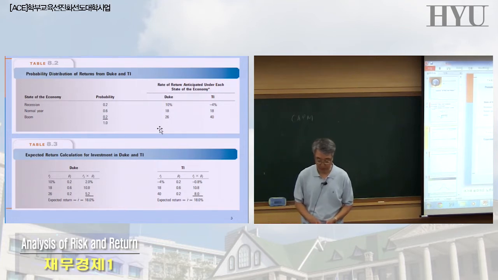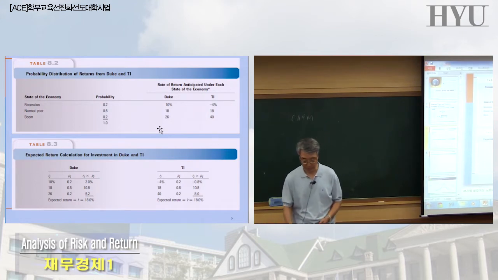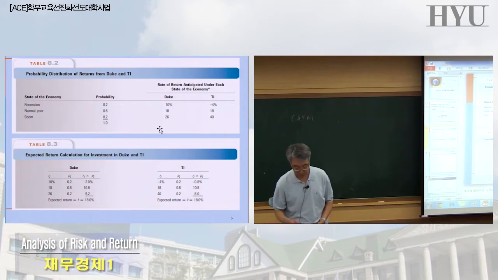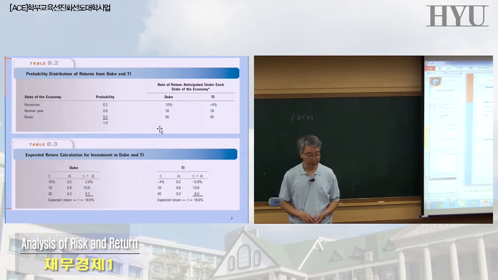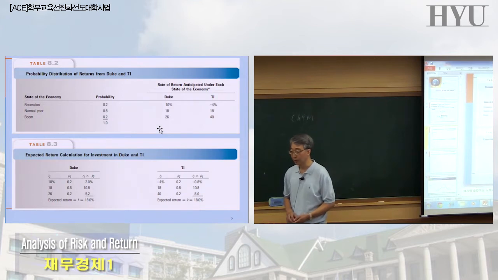If the economy is slightly better, as a normal year, then you can expect 18%, right? If the economy is really strong in a boom year, you can expect 26% return. Okay? On the other hand, TI, Texas Instruments stock, you can actually expect negative return if the economy goes into a recession, which is typical when you're dealing with technical stocks.